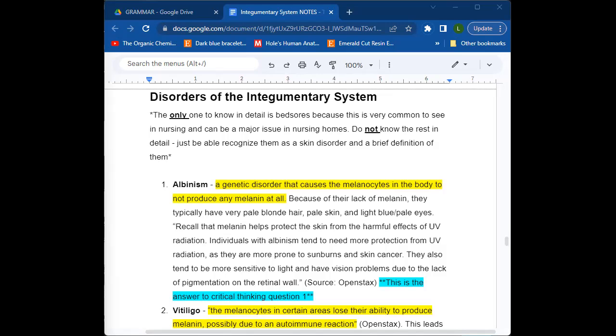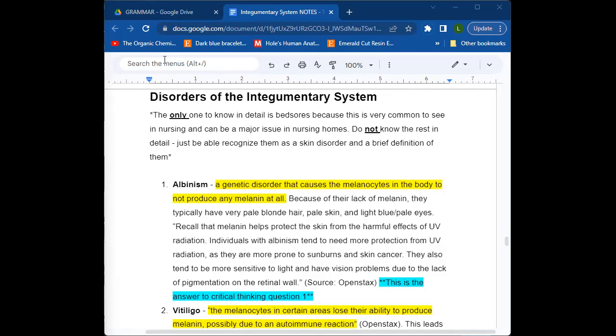So albinism is a genetic disorder that causes the melanocytes of the body to not be able to make any melanin at all. And so because of the lack of melanin, they tend to have very pale blonde hair, pale skin, and very pale eyes.